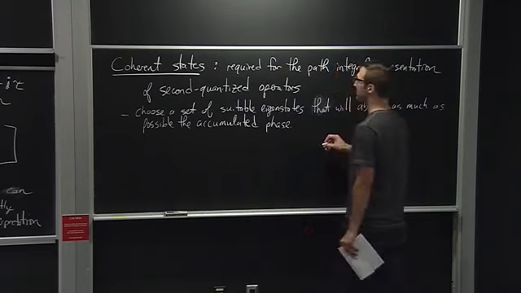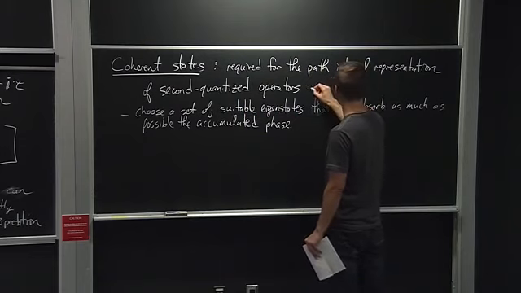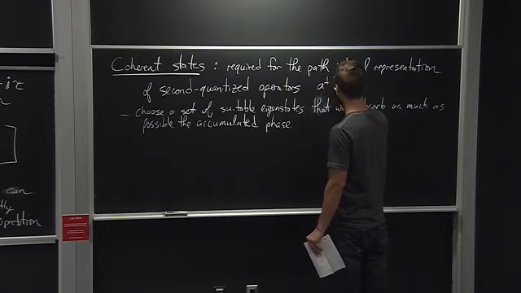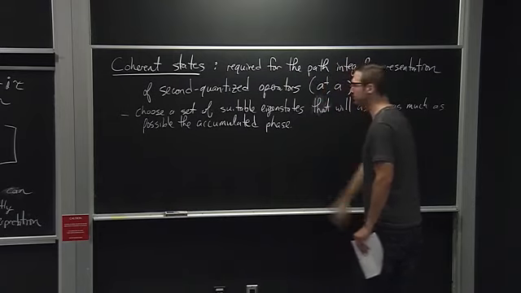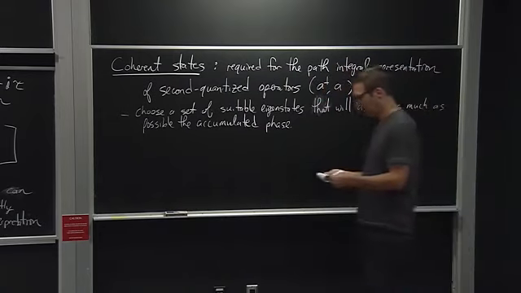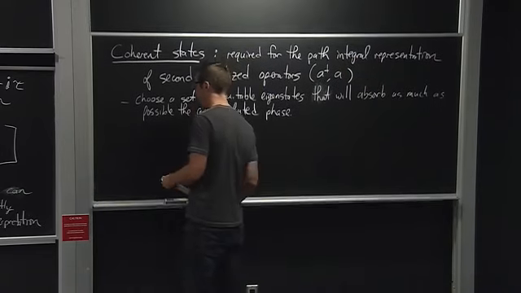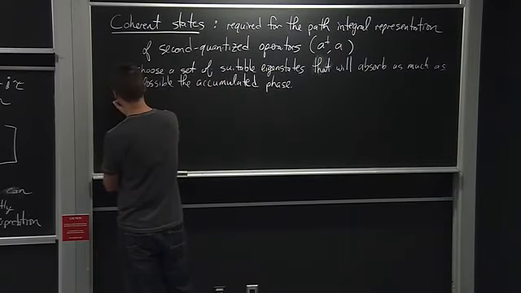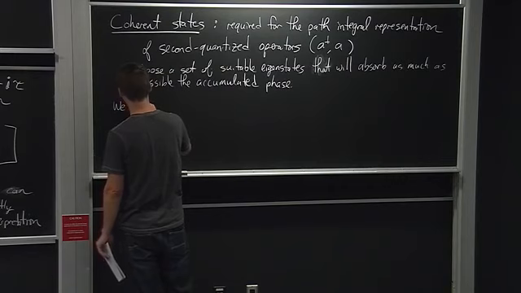And we want eigenstates of the second quantized operators, say A dagger, A. We'll consider bosons and fermions separately.